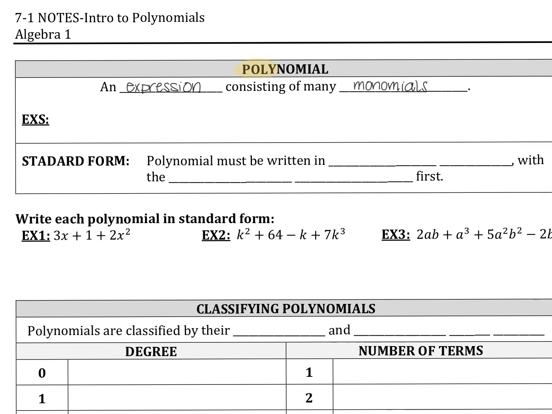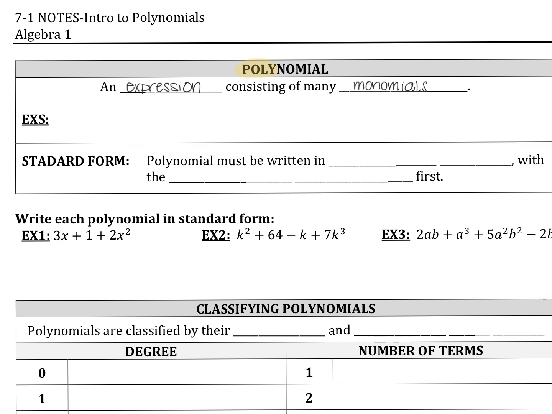And remember, a monomial is just a single term. It could be a number, it could be a variable, it could be a product of a number and a variable. We talked about monomials several times, in Unit 6.1 and back at the beginning of the year.